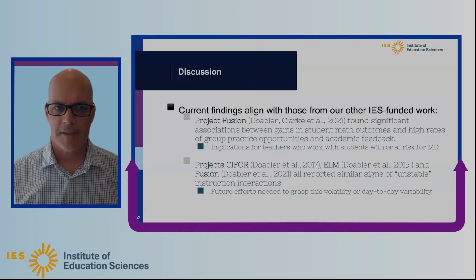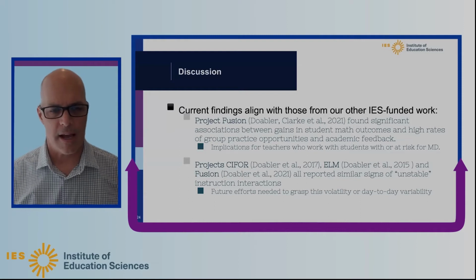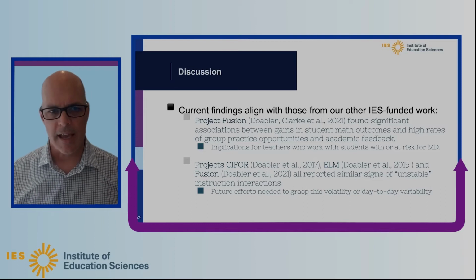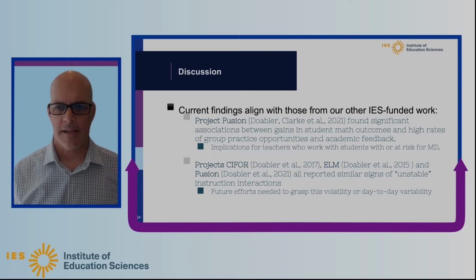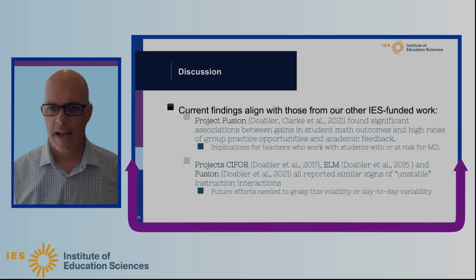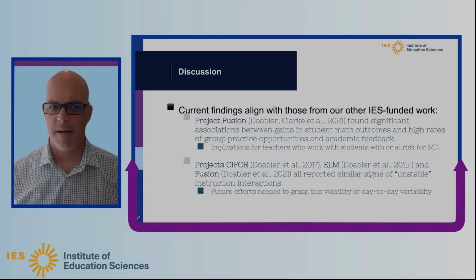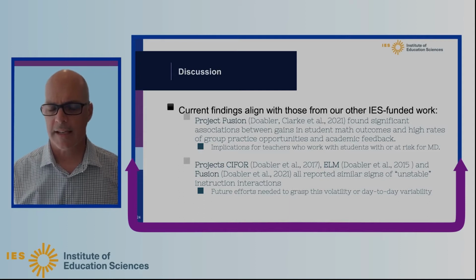So to wrap things up, one, we've conducted a lot of direct observation work in our IES-funded efficacy trials, and the findings that were presented today do align with some of our previous work that's been funded by IES. For example, in Project Fusion, a first grade math intervention, we found similar associations between gains in student math outcomes and higher rates of group practice as well as academic feedback.